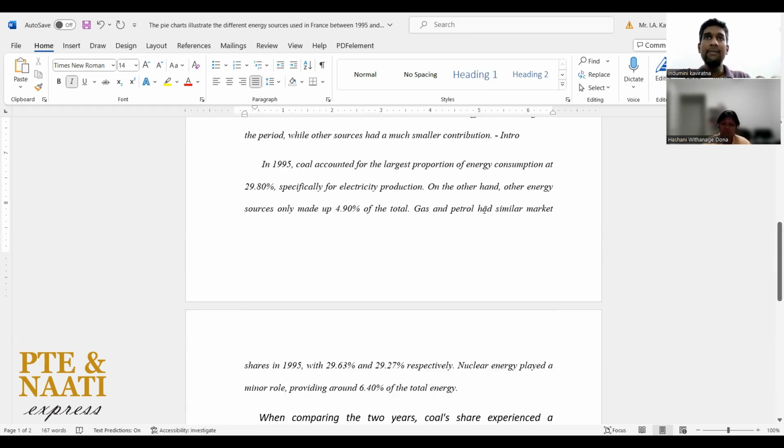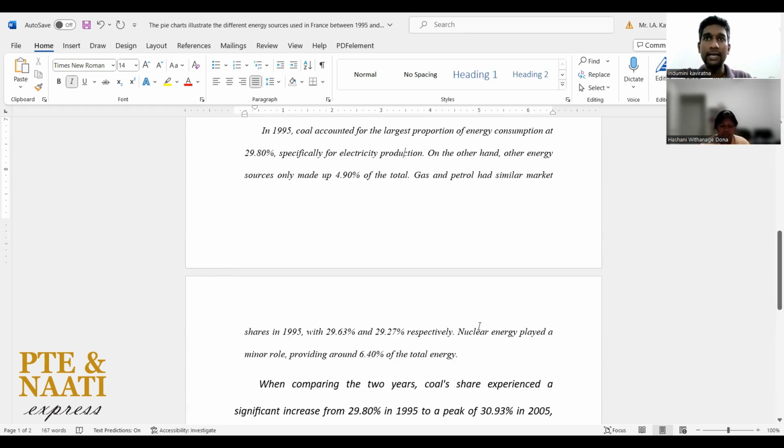And gas and petrol had similar market shares in 1995 with 29.63 and 29.27 respectively. Nuclear energy played a minor role, providing around 6.40 of the total energy. So we are just going on describing according to the sizes in the second para.